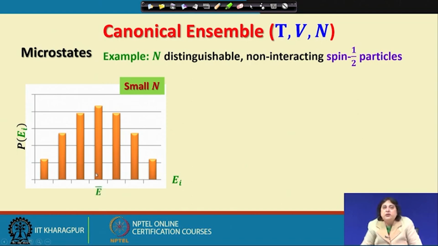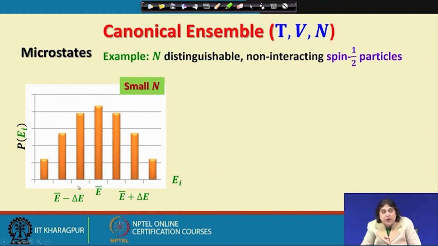Once again you get a peak, the maximum number of microscopic states is associated with the average value, but as you can see, there are substantial number of energy states associated with the energy values such as E plus delta E and E minus delta E.